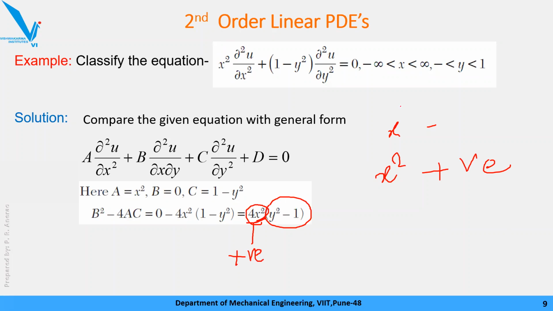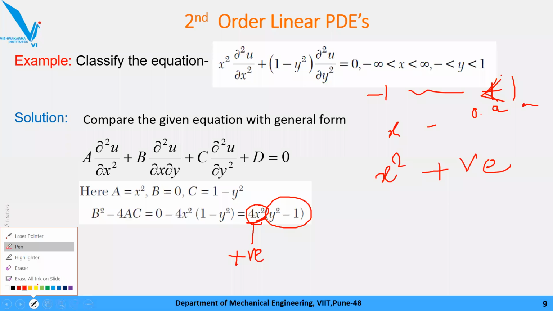Now y varies from negative 1 to positive 1. It should be in between this, less than positive 1. So what is its maximum possible value? It will be 0.9999, right?